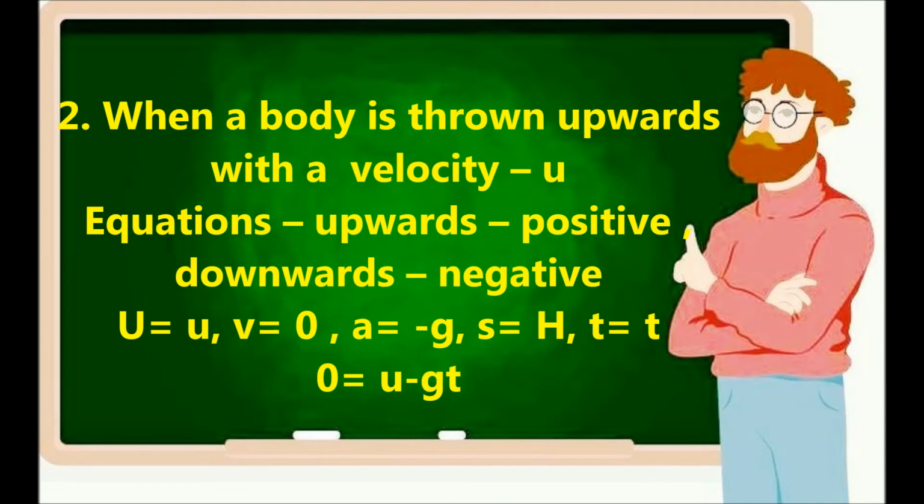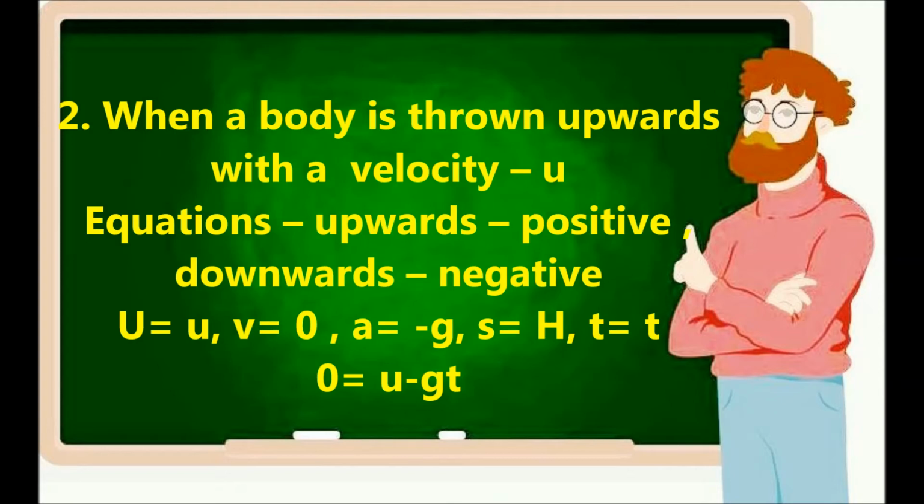Now when a body is thrown upwards, what happens? We'll take upwards as positive, downwards as negative. We can take the other way also. u is equal to u, v is equal to 0, because when it reaches the top, the velocity becomes 0. a is equal to minus g, because g is acting downward, and upward we have taken as positive.